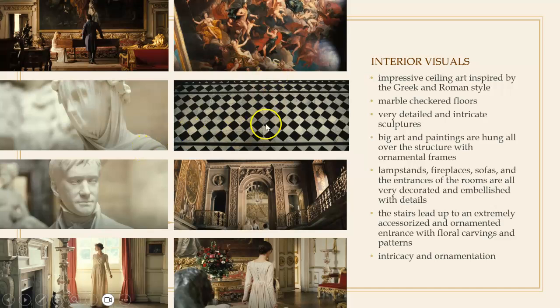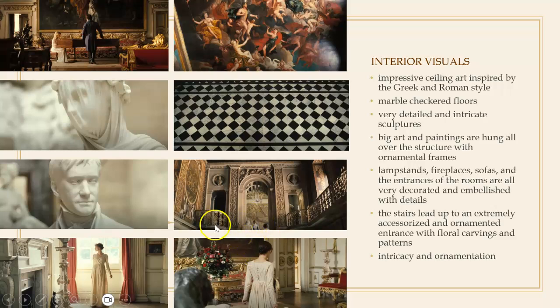Marble checkered floors, very detailed. Big art and paintings hung all over the structures with ornamental frames. You can see in this one lampstands right here, detailed. Fireplace right here, detailed. Sofas, detailed. Entrances of the rooms, very detailed.